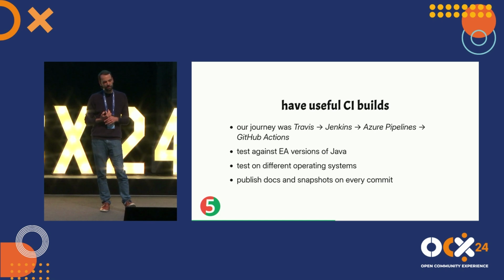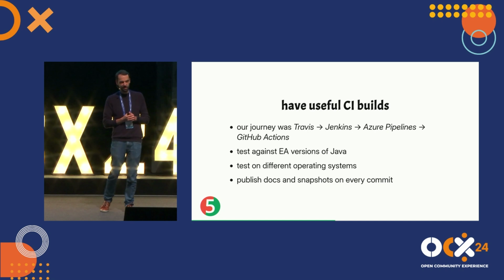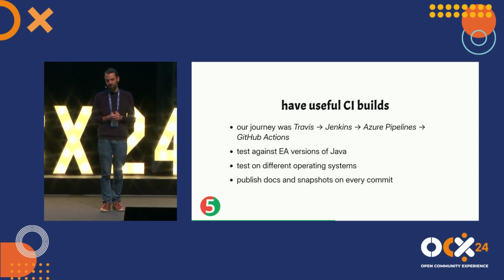What's useful for us is that we can test against early access versions of Java, so we do that constantly. All the new early access releases are being tested. We test on different operating systems, so that's not just important to know that JUnit runs on those, but also, if a build runs on those operating systems, we can be pretty sure that if someone wants to contribute and use that operating system to do so, they can.